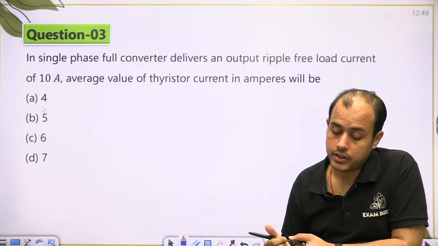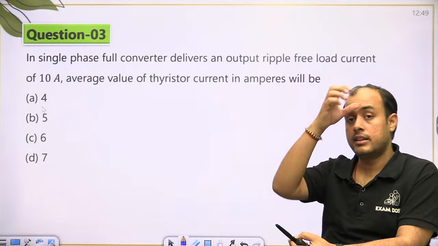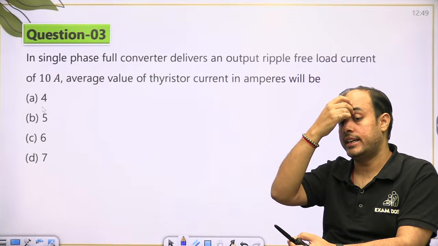Single phase full converter delivers an output ripple free load current of 10 ampere. Average value of thyristor current in ampere?